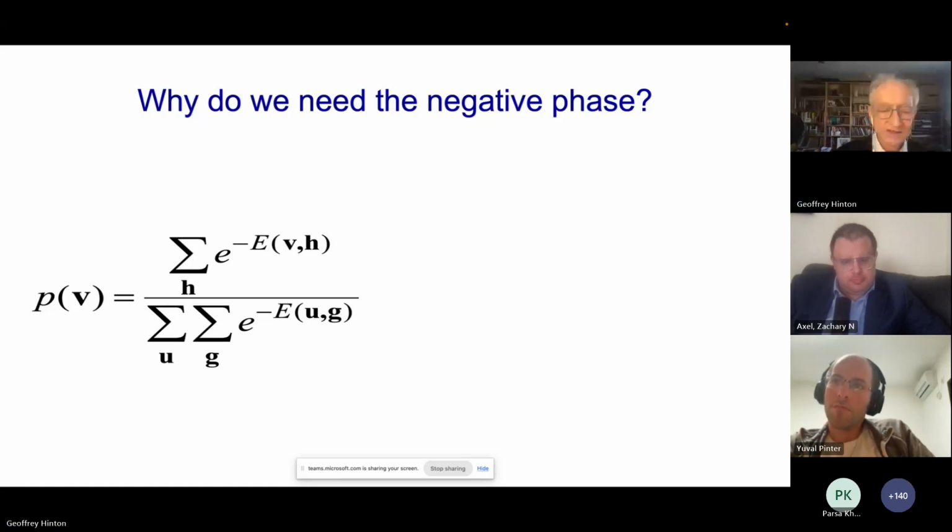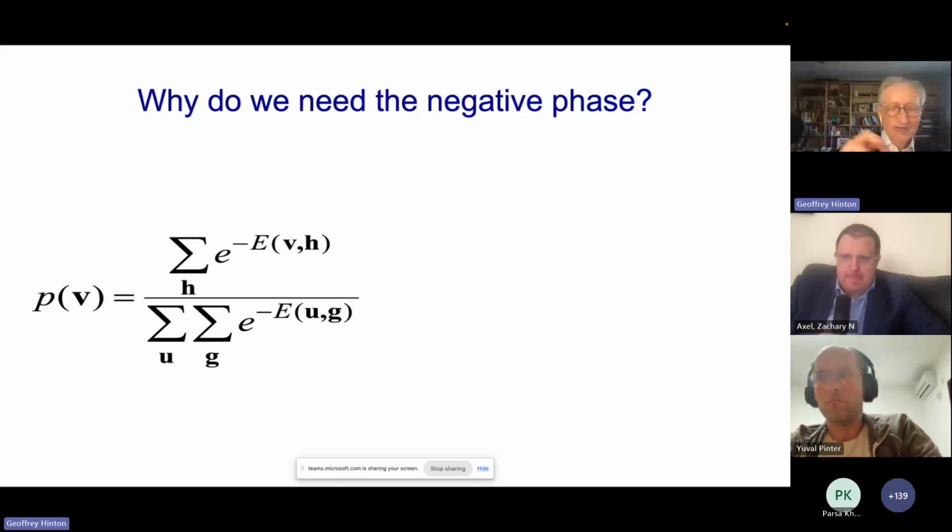But there's this normalization term. And you're not going to make it more plausible if you make everything more plausible. What you have to do is find all the competing combinations, these U's and G's, and make all of them less likely. And that's what the negative term in the learning rule is doing. It's making the partition function smaller while making the sum of the goodnesses with this particular hidden vector bigger, with this particular visible vector bigger.